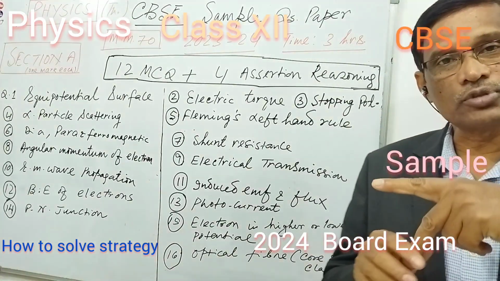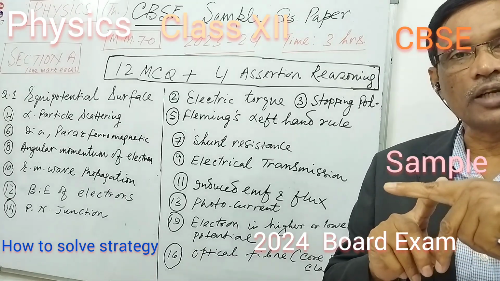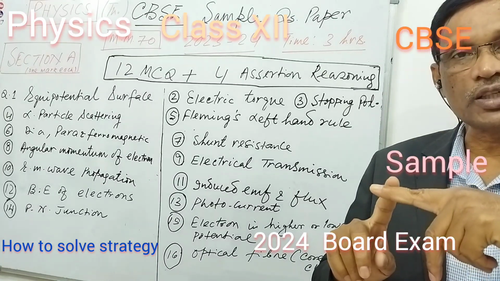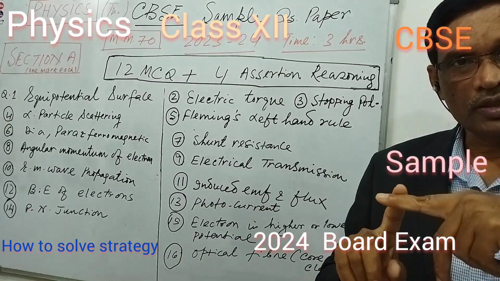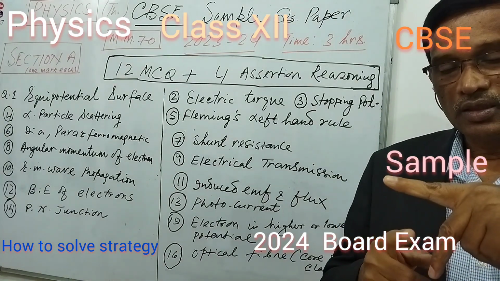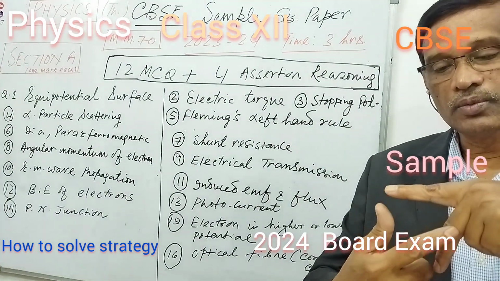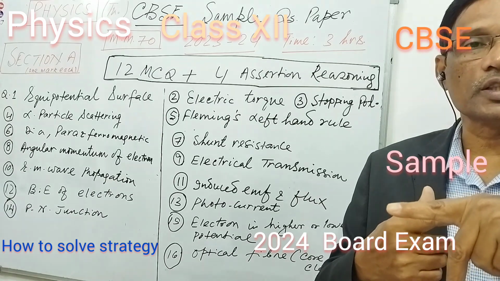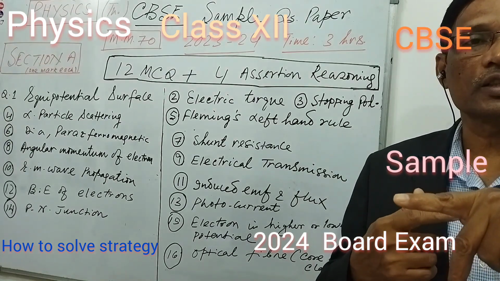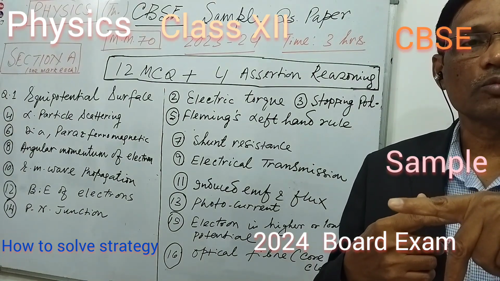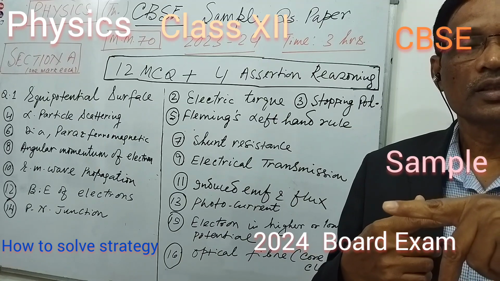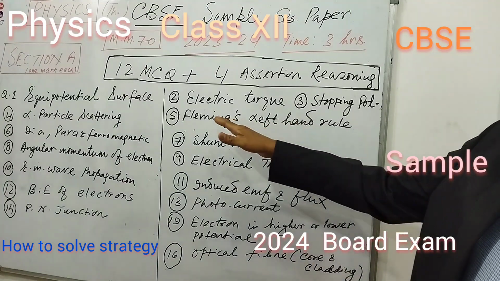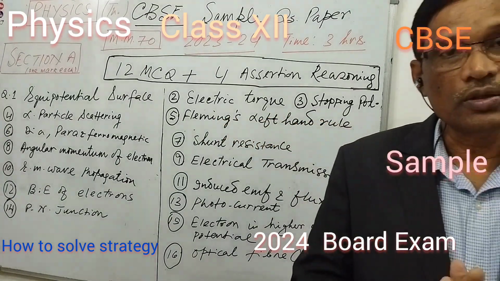I told you all in the classes also, Fleming's left hand rule: the first finger points towards the magnetic field, the middle finger towards the direction of current, that is the positive charge, and the thumb represents the force acting on it. So this is what you need to find out for question number 5 using Fleming's left hand rule.